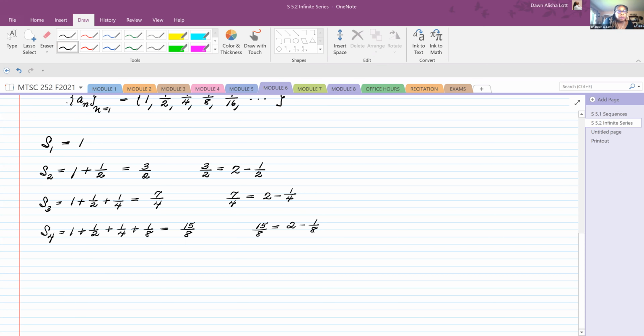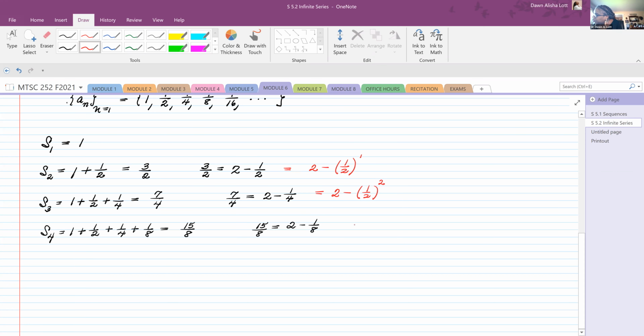Okay, so I'm developing a pattern here. This is 2 minus 1/2 to the first power. This is 2 minus 1/2 squared.